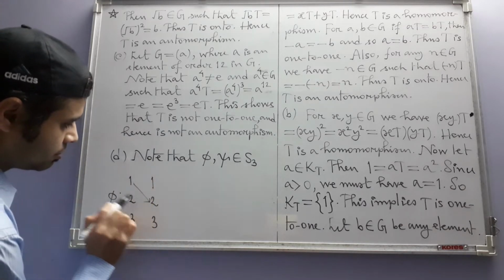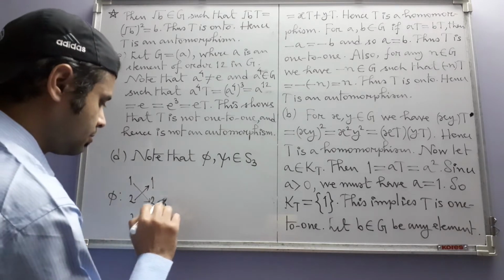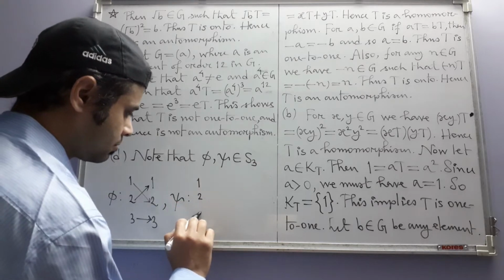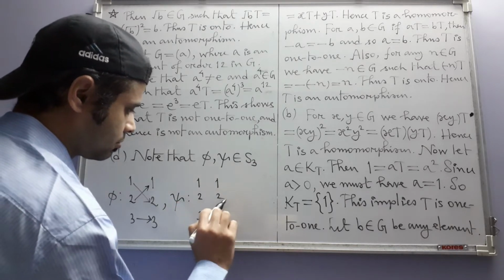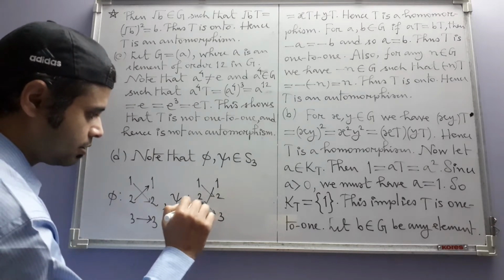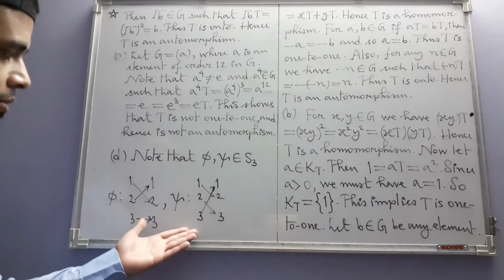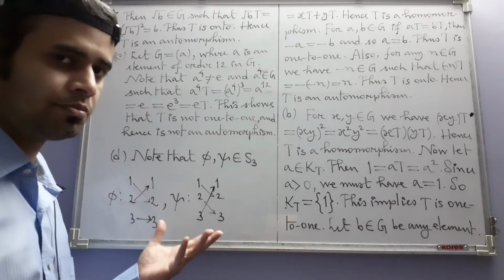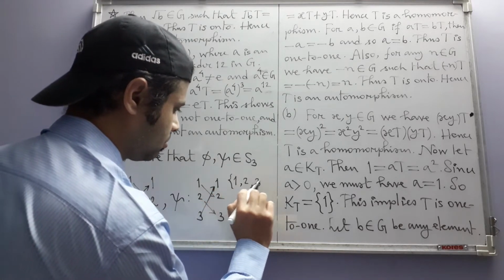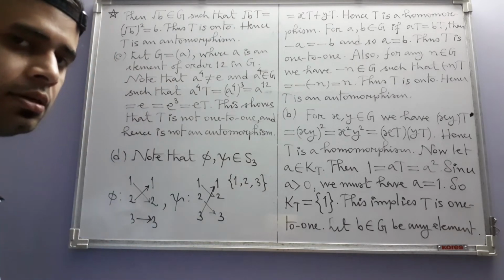Phi maps 1 to 2, 2 to 1 and 3 to 3, and psi maps 1 to 2, 2 to 3 and 3 to 1. Both of them, as you can see, are bijective maps on the set 1, 2, 3. So they belong to the symmetric group S3 of degree 3.